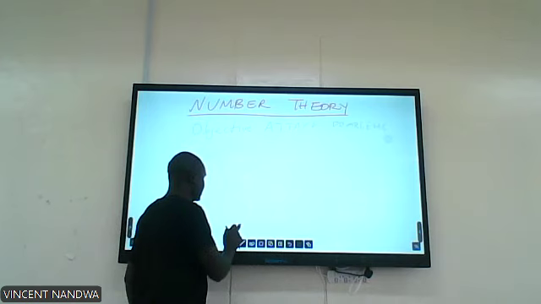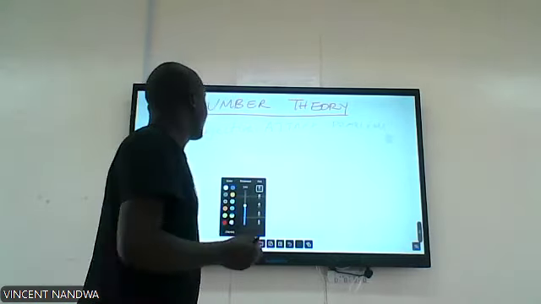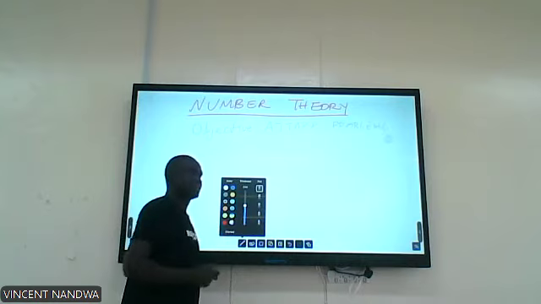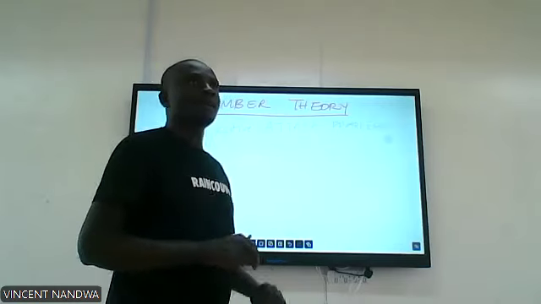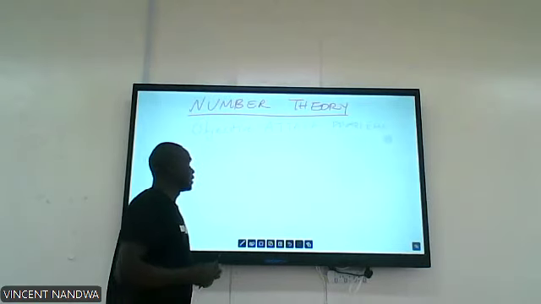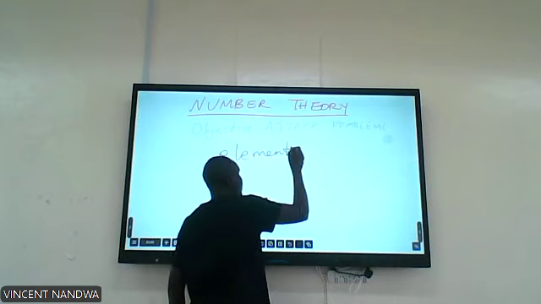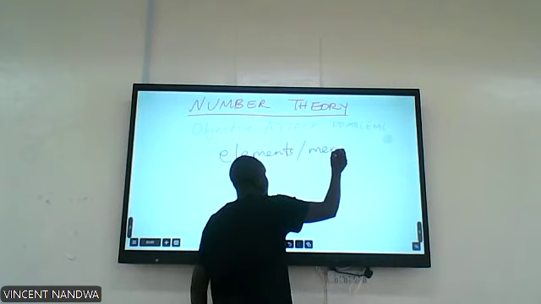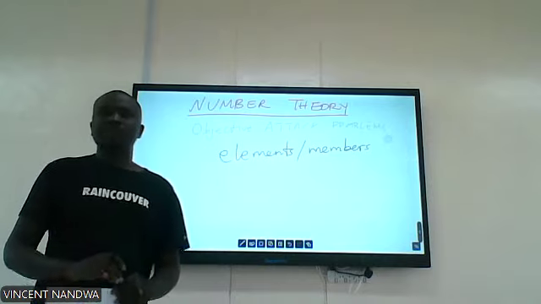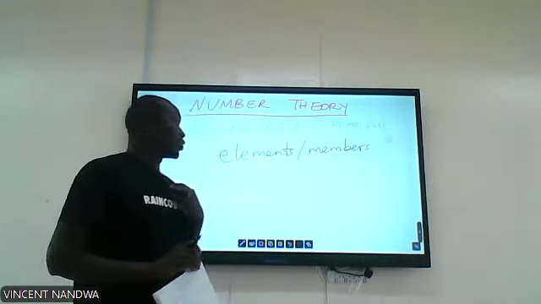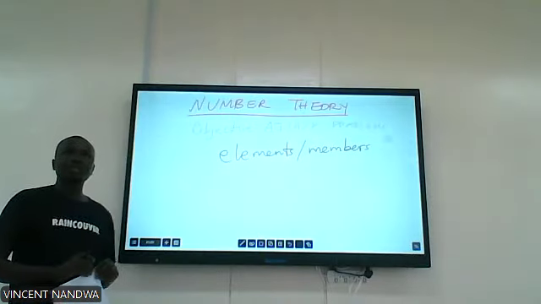These objects, which may be numbers, letters, shapes, or anything else, are called elements or members of the set.